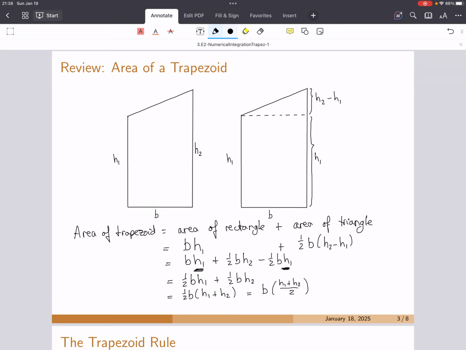If we look at that last formula, we see that the area of the trapezoid is the base times the average of the two heights, the two heights h1 and h2.